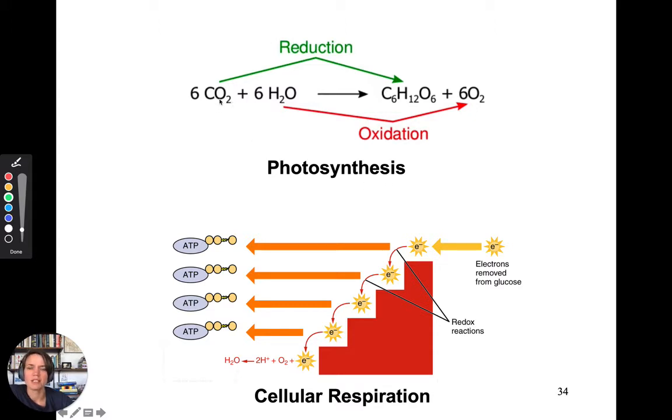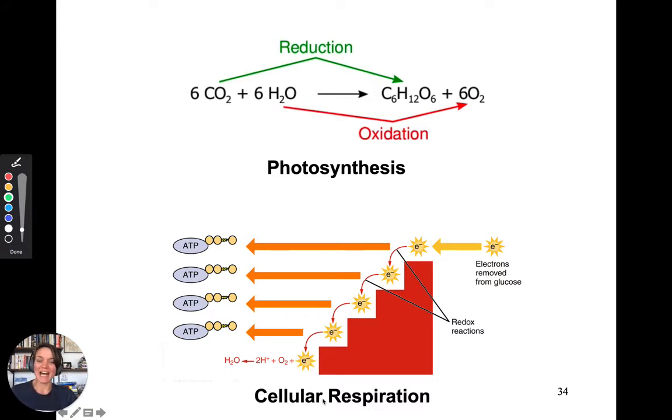So in this reaction, we have the reduction of carbon dioxide, and we have the oxidation of our water. Which is really interesting. I won't get into it. Photosynthesis is so interesting. Take biochemistry. Do it.